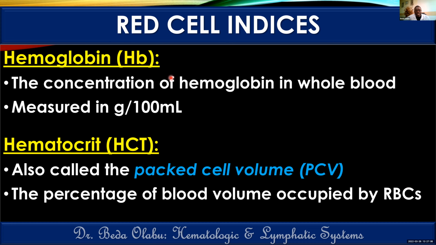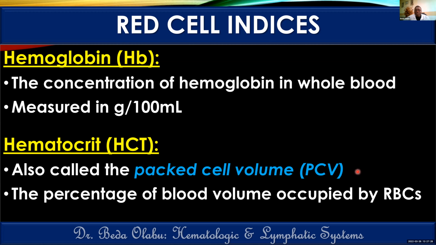If you are in a place where the hospital or the laboratory is unable to do hemoglobin tests for one reason or another, we can still use hematocrit to estimate the HB. And in general, the HB is usually a third of the hematocrit.